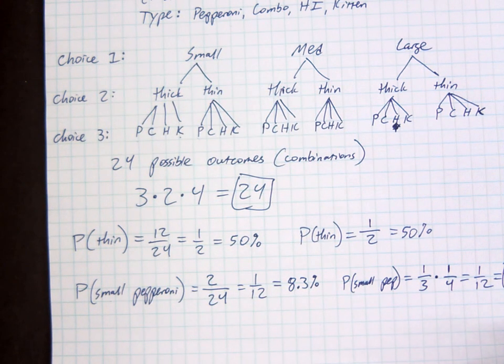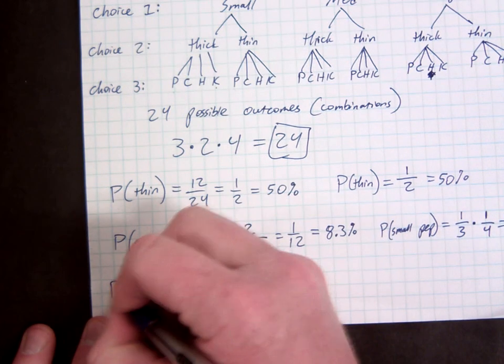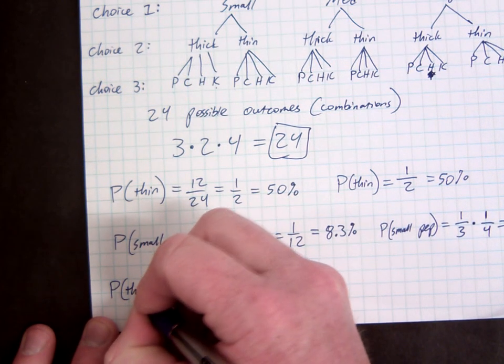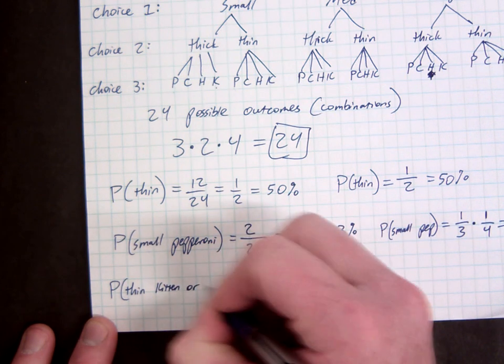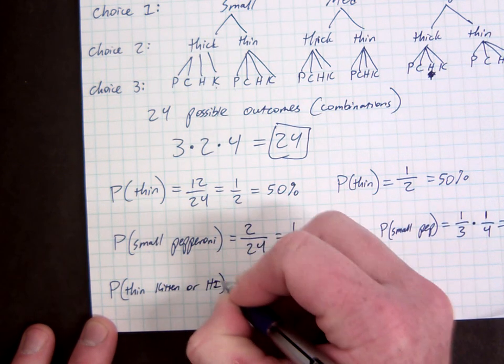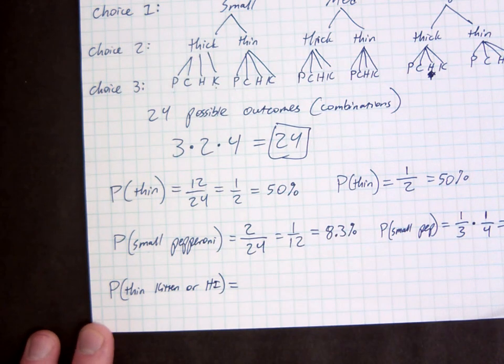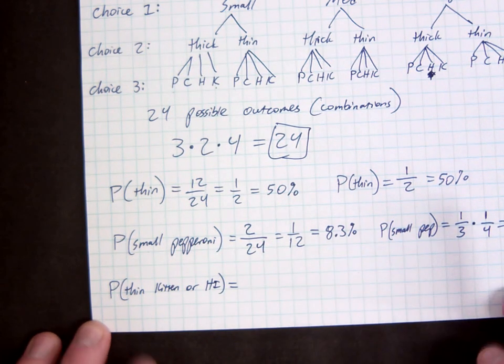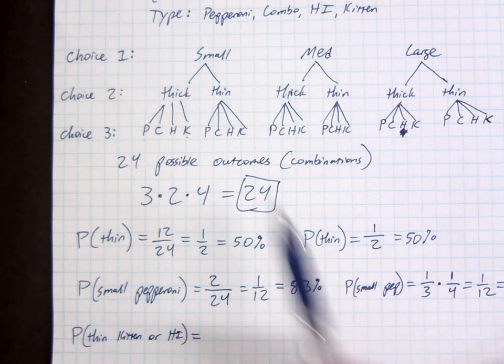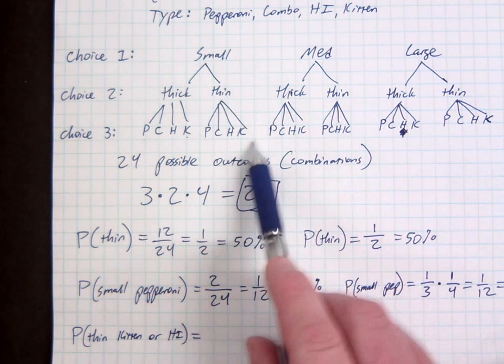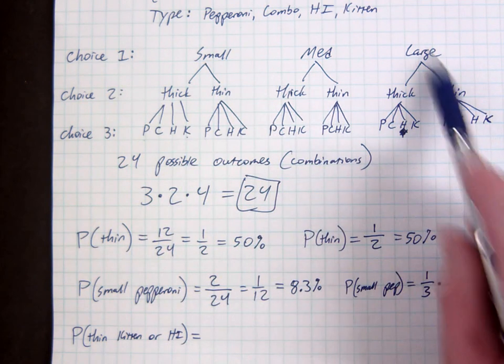All right. And let's do one more. What's the probability that you get a thin crust kitten or Hawaiian pizza? Okay, well, let's start with the diagram. So thin crust kitten or Hawaiian. So the size doesn't matter. So we know we have to follow all three of these thin crust branches.